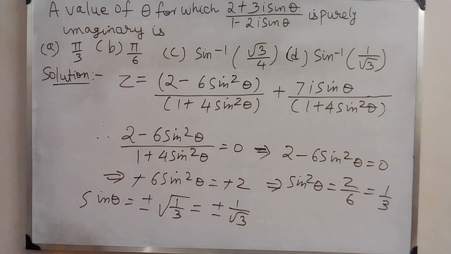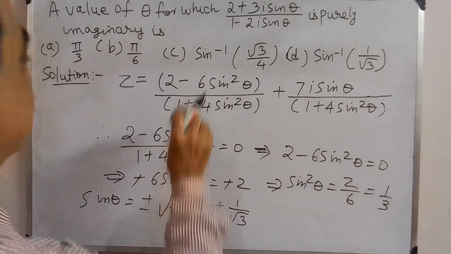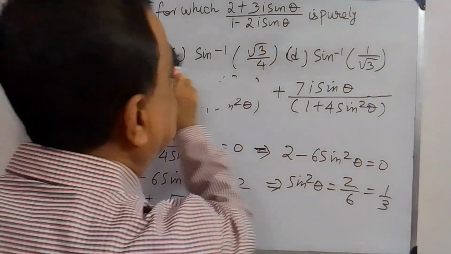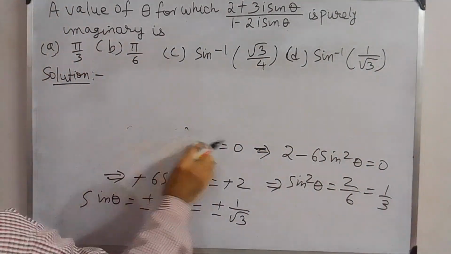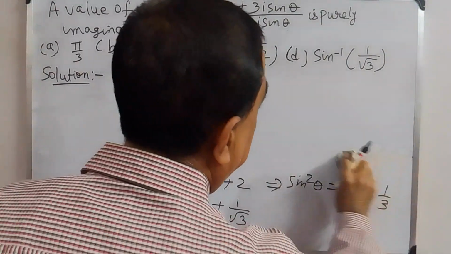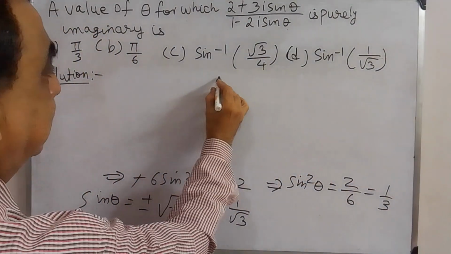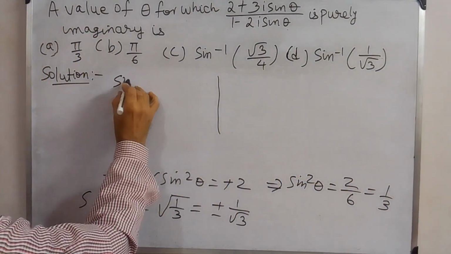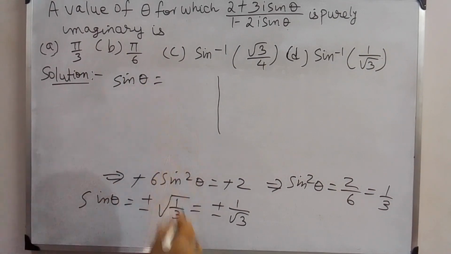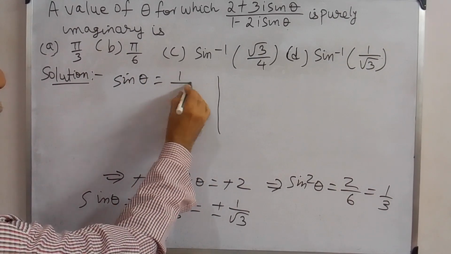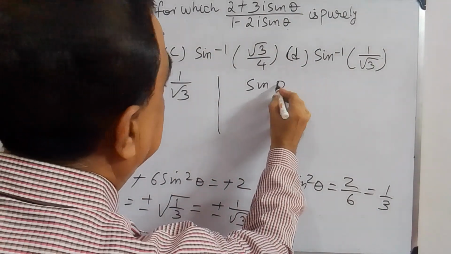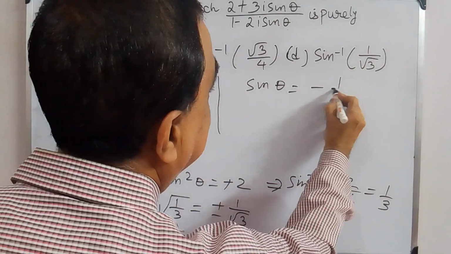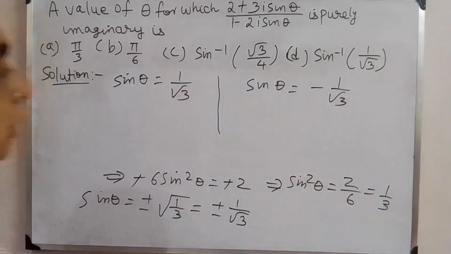So we are getting two values of sin theta. What are the values of sin theta we are getting? Sin theta is equal to either plus 1 by root 3 or minus 1 by root 3.